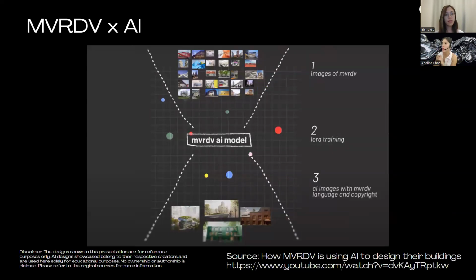Do we own the image? MVRDV tackles this issue by training their own LoRA model. They take their own images, and I believe they have a whole archive of them, as a very well-known, competent firm. So they train their own LoRA model using those images so they can retain their design language and copyright, because the LoRA model was trained with their own content.